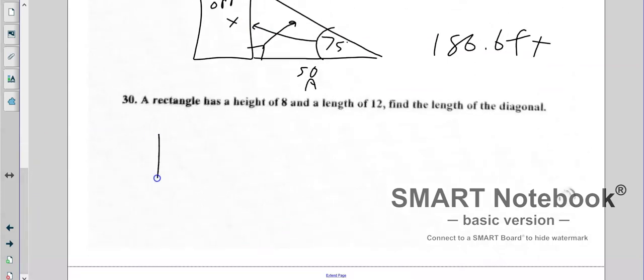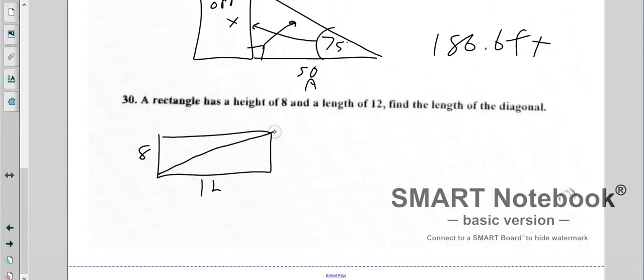A rectangle has a height of 8 and a length of 12. Find the diagonal. That's kind of a bad diagonal, but go for it. All right. So it's a 90-degree angle. We're trying to find the diagonal, which is the hypotenuse.